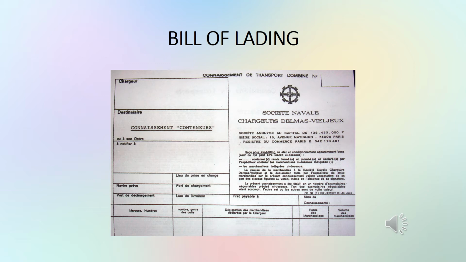Bill of lading is an extremely important document in international trade and has the following features: it is a document of title to the goods being transported, it is also a receipt for the goods, and it is an acknowledgement that the carrier, which is the shipping company, has received the goods to be delivered to the importer.